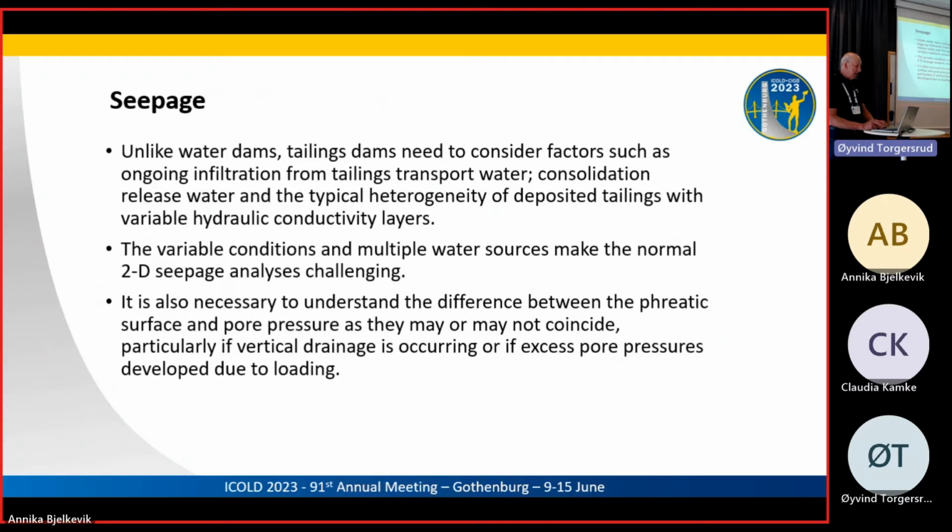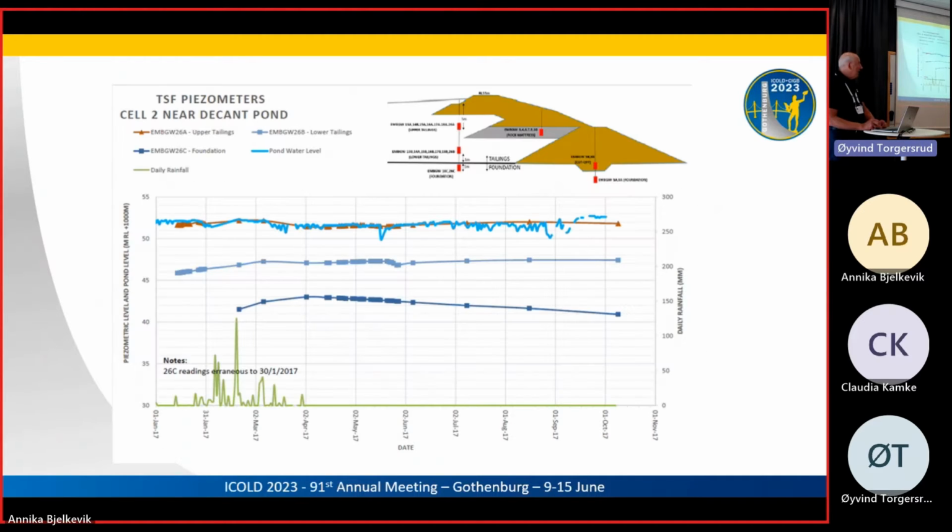And I'll talk a bit about that in a minute. It's also pretty important to know what's going on in terms of drainage of the tailings and where the phreatic surface is, what that really means, what the pore pressures are below that phreatic surface, and how that all goes together.